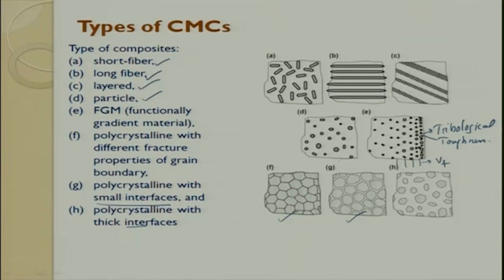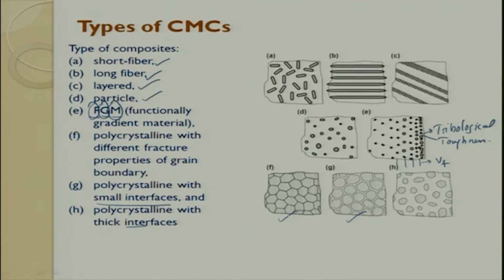Then you have particulates. The difference between these is aspect ratio. The distribution of particulates varies from layer to layer, which leads to functionally graded materials. The function grades along the material, so if you remove the first 3 layers, the tribological property will be less.